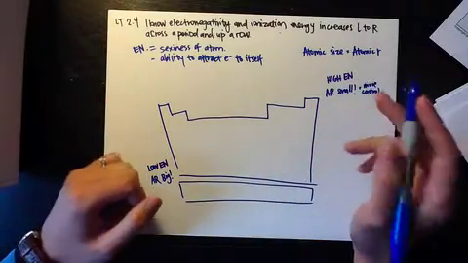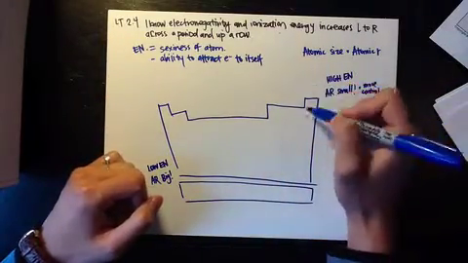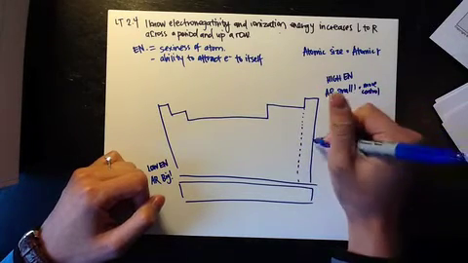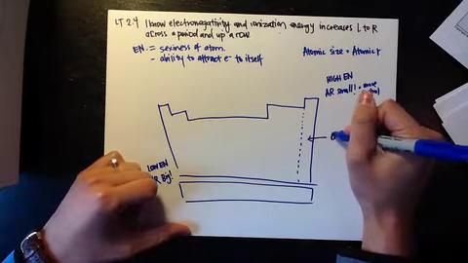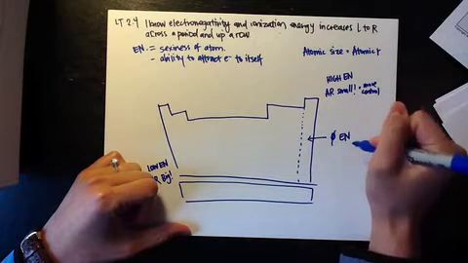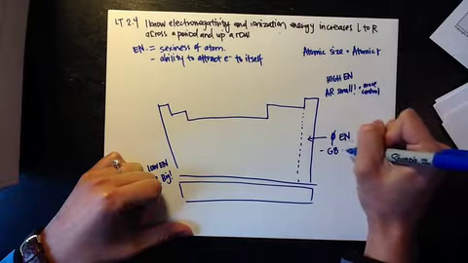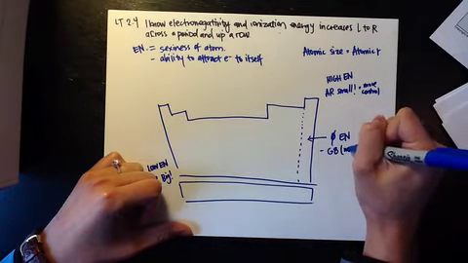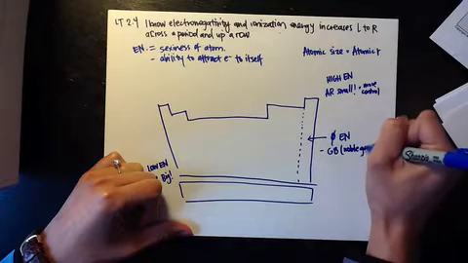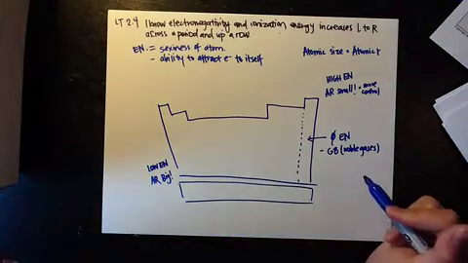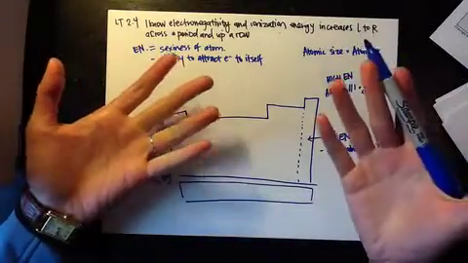Now the only exception for electronegativity is this group right here. It has no electronegativity. What group is this? This is group 18, your noble gases. This has no electronegativity because it has no ability to attract electrons.